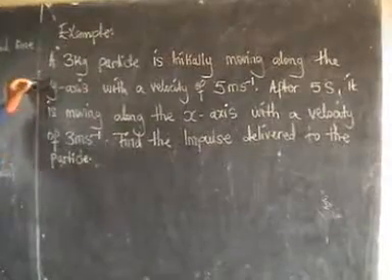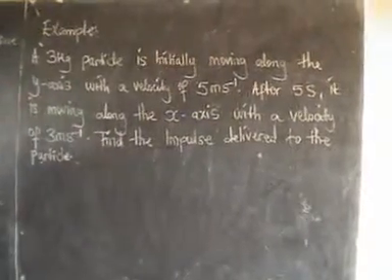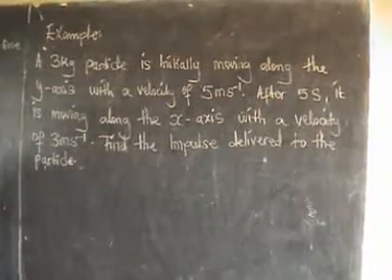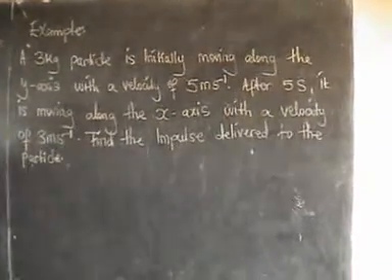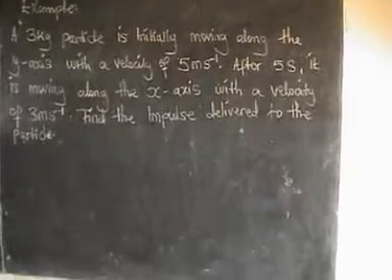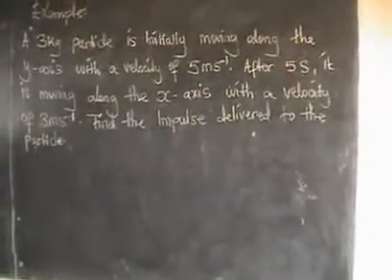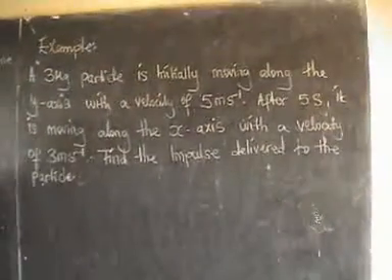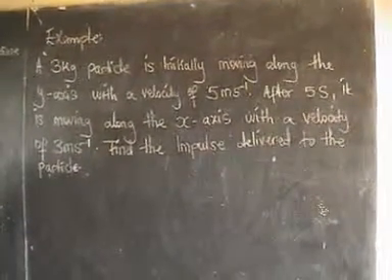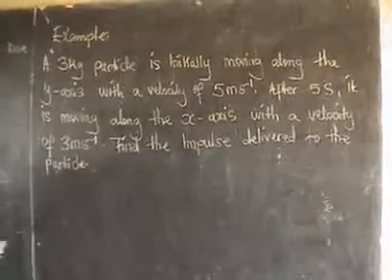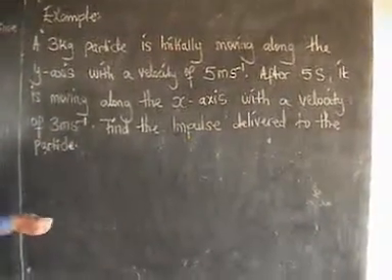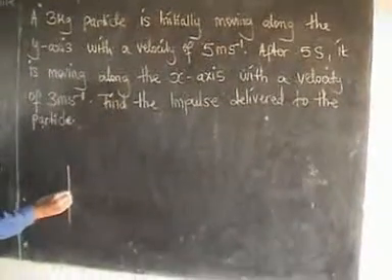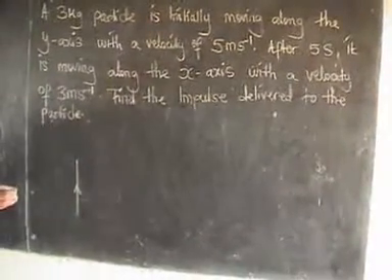Now, when you look at this example, from Newton's laws of motion, there is no way a body can change its direction or its velocity when no force is acting on it. So in this case, originally we have our particle moving along the y-axis as given in the question.